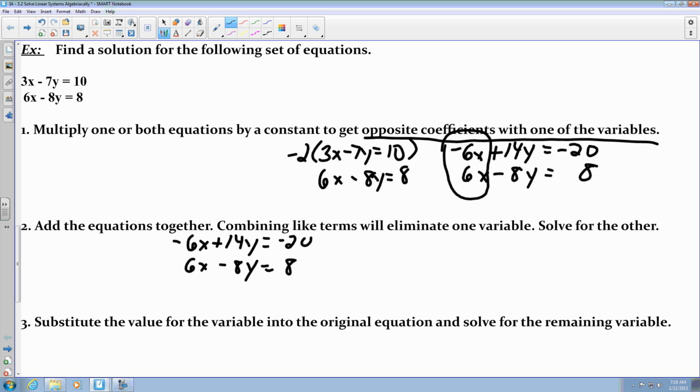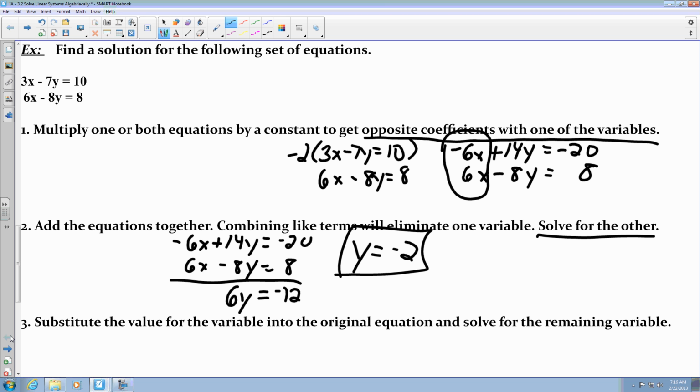Using like terms, negative 6x plus 6x would give me 0, so I'm just going to leave it blank. 14y plus a negative 8y will give me 6y, which now equals negative 20 plus 8, which gives me negative 12. Now I need to solve for the other variable, which happens to be y. So I'm going to divide both sides by 6, which gives me y equals a negative 2.